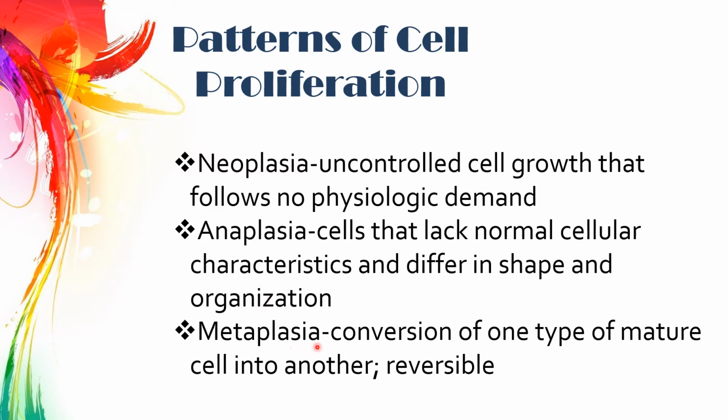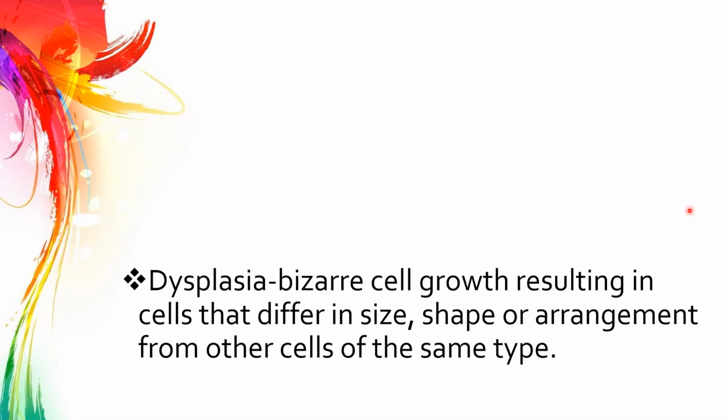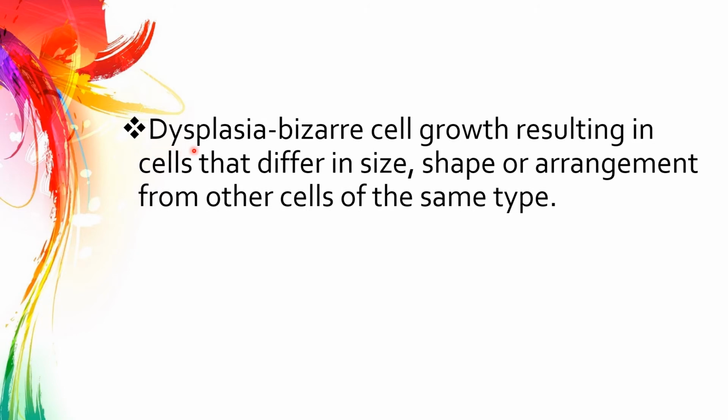Metaplasia, on the other hand, refers to conversion of one type of mature cell into another, and this is usually reversible. Dysplasia refers to bizarre cell growth that results in cells that differ in size, shape, or arrangement from other cells of the same type.